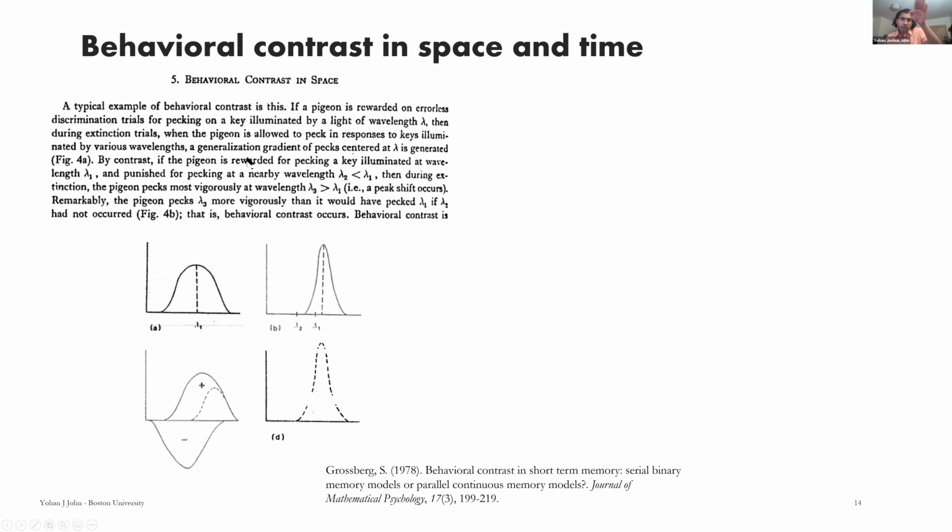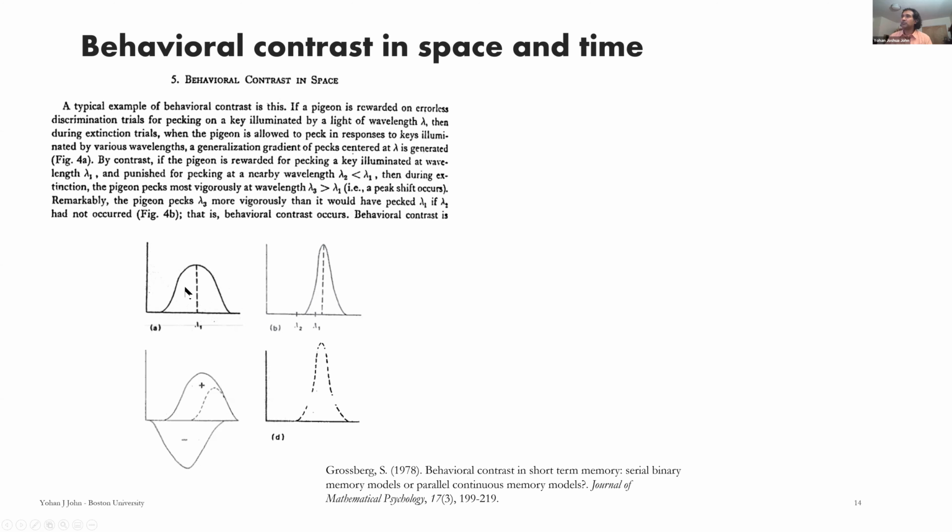then there'll be a sort of response curve around that wavelength, and then later on, if you punish it for a different wavelength somewhere nearby, then during extinction the pigeon pecks more vigorously at a shifted wavelength, so not where it was originally what it had learned, but shifted.